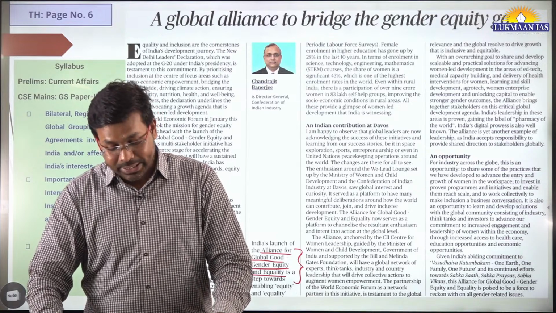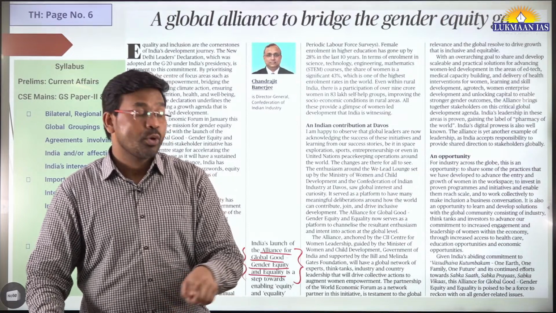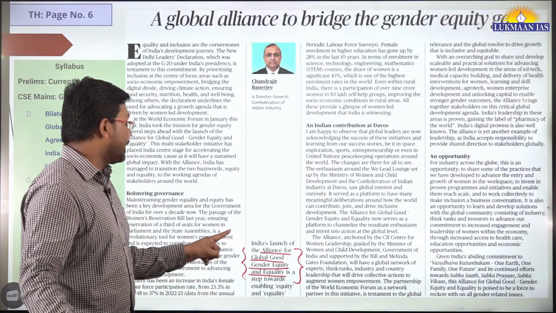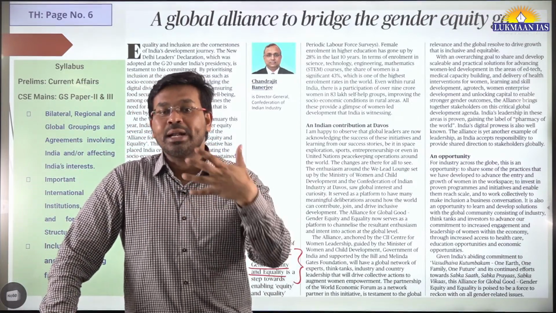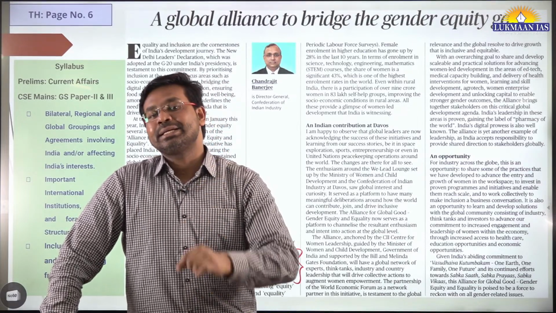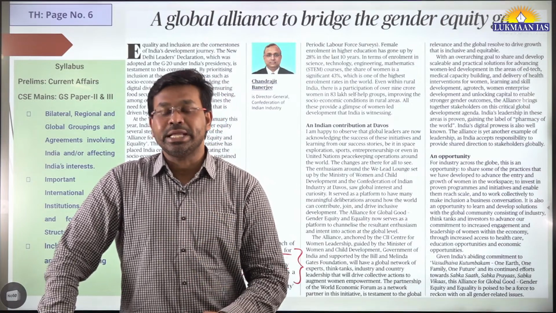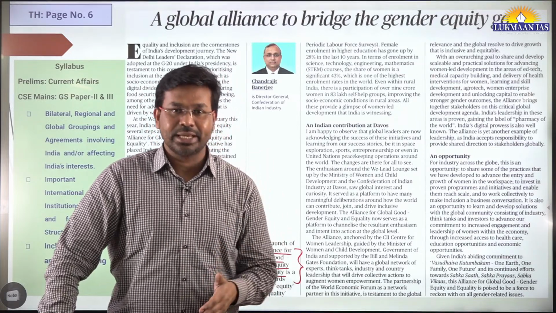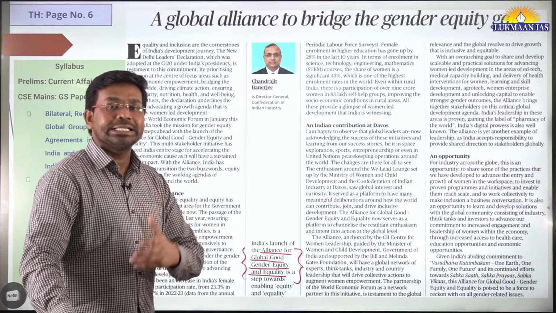At the G20 summit, India talked about socio-economic empowerment, and now with the launch of this alliance, the Alliance for Global Good, Gender Equity and Equality, India has brought one more dimension in front of the world: that India is making all its effort to achieve gender equity and equality across multiple dimensions, including society and the economy. So we are talking about the socio-economic participation of women.